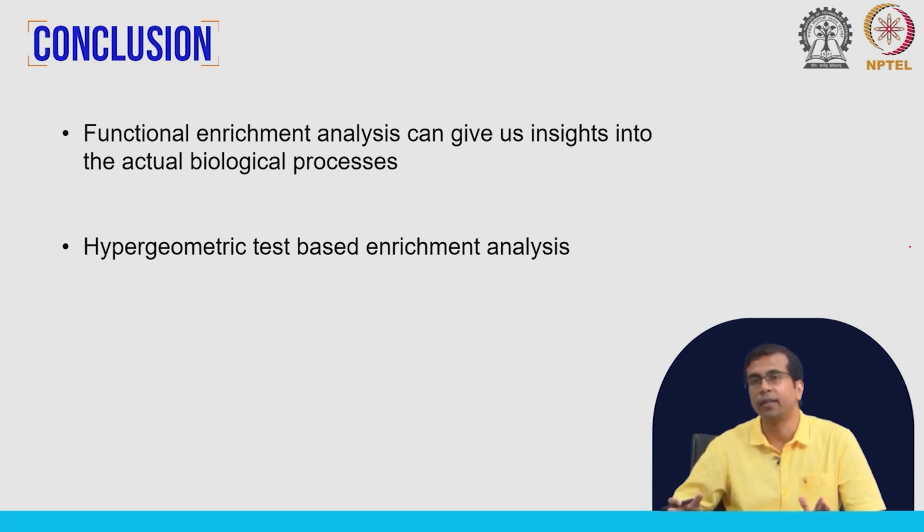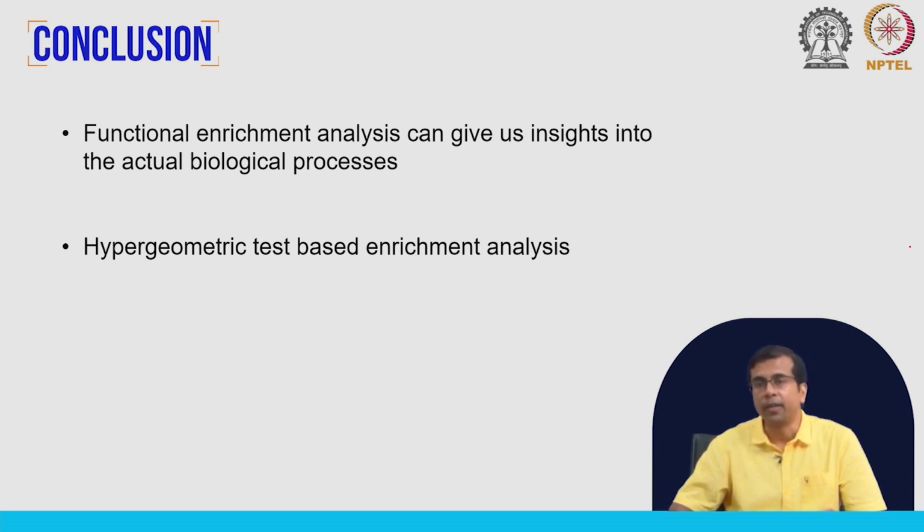We get this list of genes, and we test whether certain functional classes are overrepresented or enriched in that list. That is one approach, and we do that through the hypergeometric test. We discussed the method, how we generate the p value and do the multiple testing correction. This gives us the functional classes that are enriched in that list or underrepresented in that list.